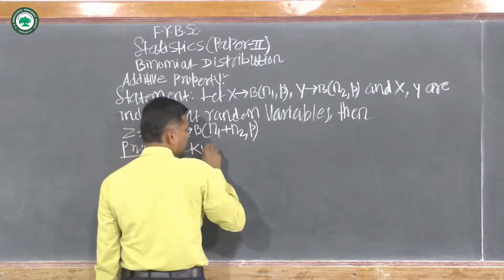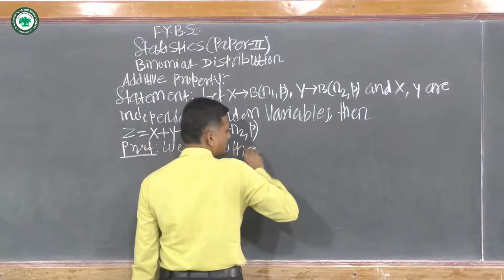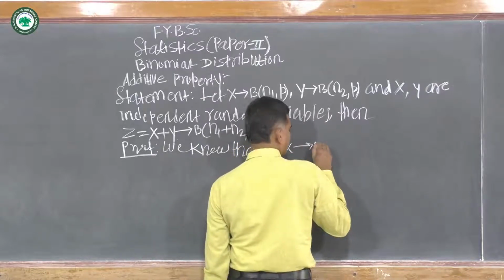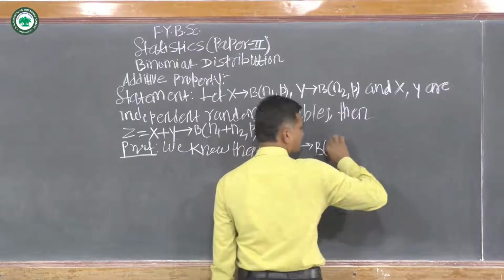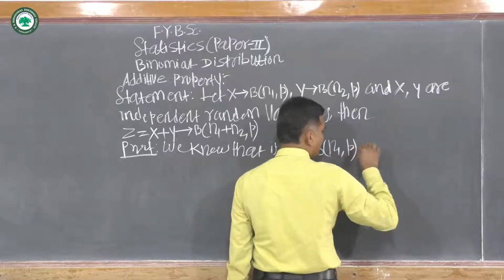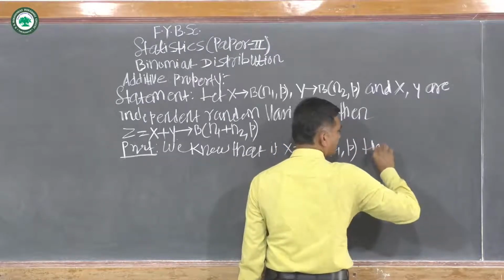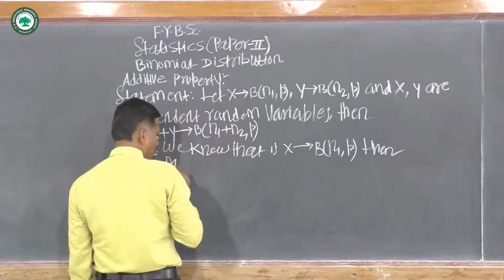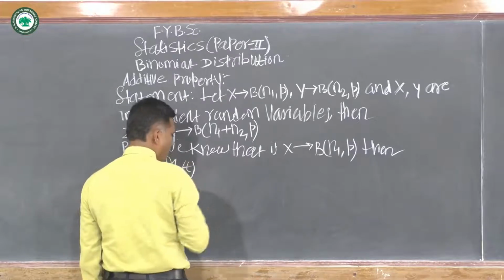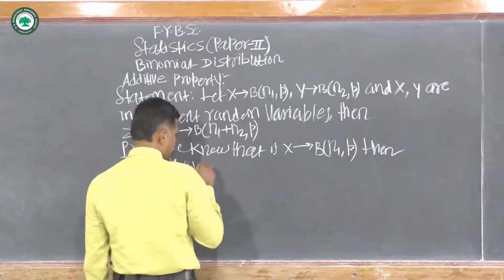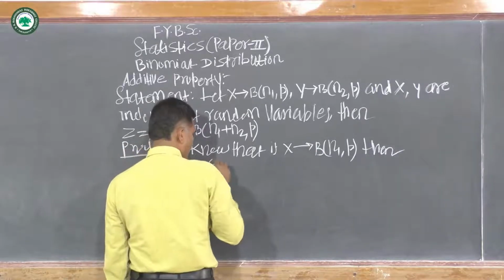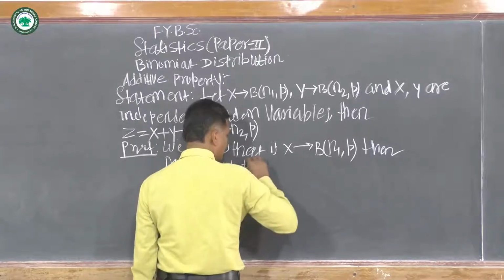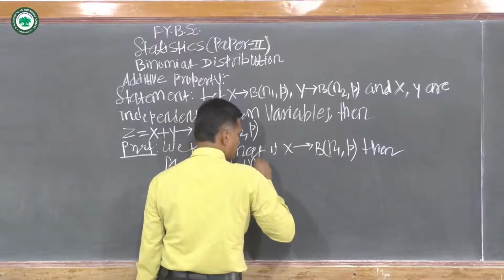We know that if X follows binomial distribution with parameters n1 and p, then the MGF of X, the moment generating function of random variable X, is equal to (q plus p e raised to t) raised to n1.